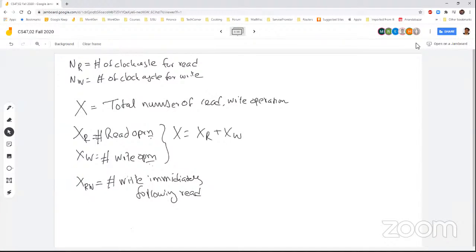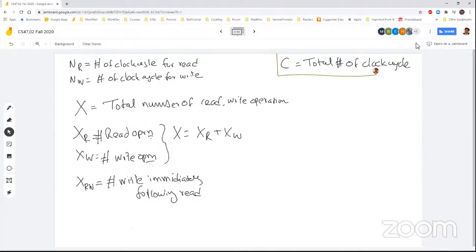So in this case, the total number of cycles, C, let's say that's what we want to compute, the total number of clock cycles. That's my target goal here. And once we can do that, then we multiply with the time period and we get the total time of the operation.